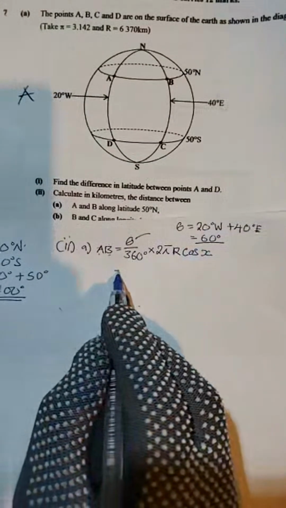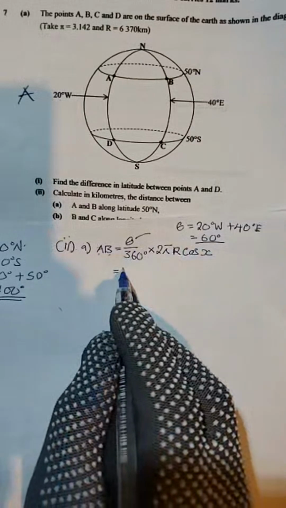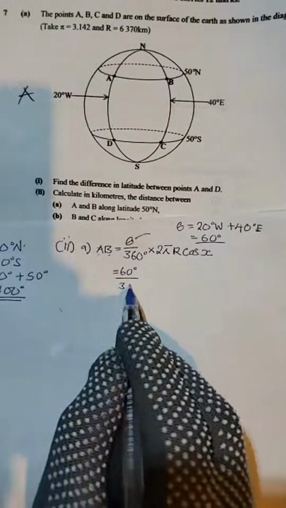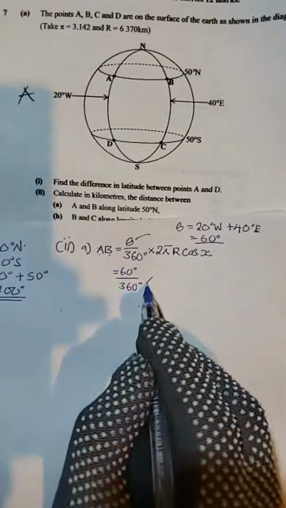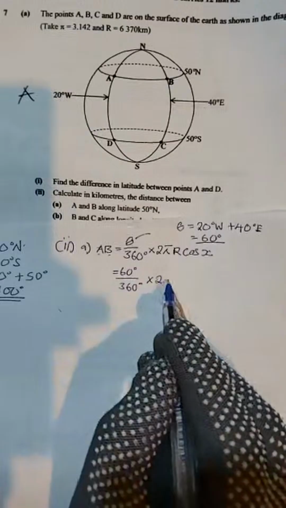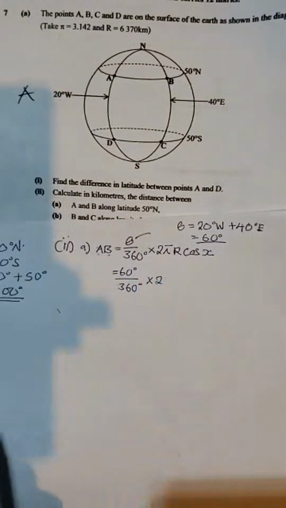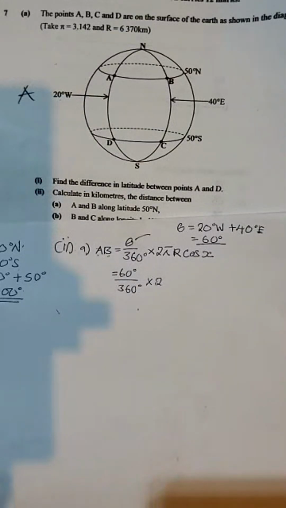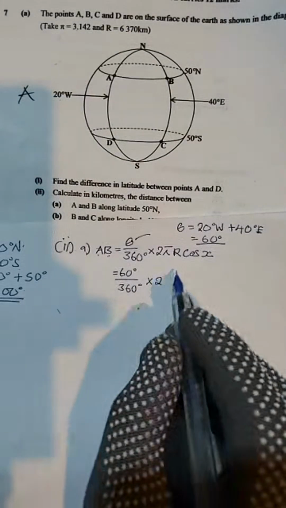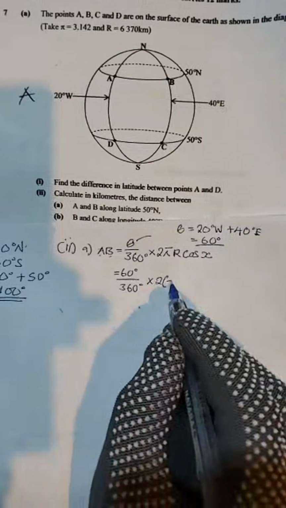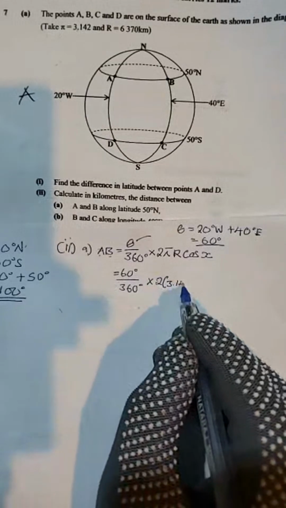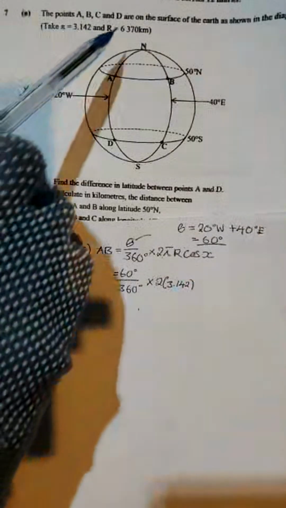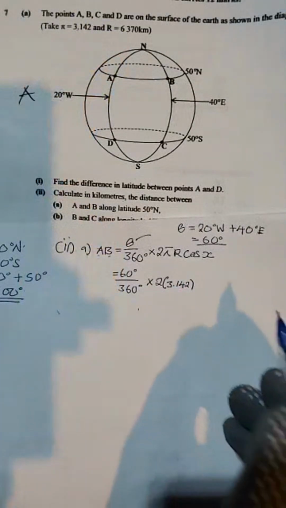So on this theta, we're going to substitute 60 degrees over 360 degrees multiplied by 2. The pi given in the question is 3.142, so we substitute with 3.142. The radius given is in kilometers, so we're going to use 6370.